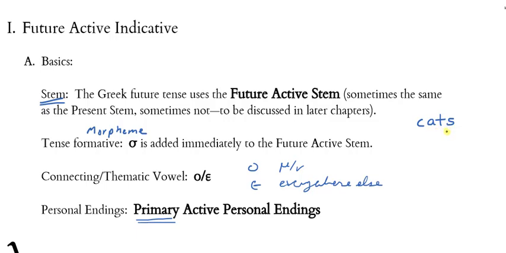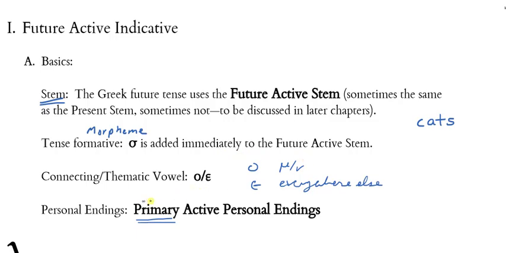So there's two meaning-bearing constituents or parts of that word. So a morpheme in linguistics is something that constitutes part of the word that adds something meaningful to it. Here, the sigma is adding the notion of future tense, okay? That's a morpheme or a tense formative, using Mounce's term.